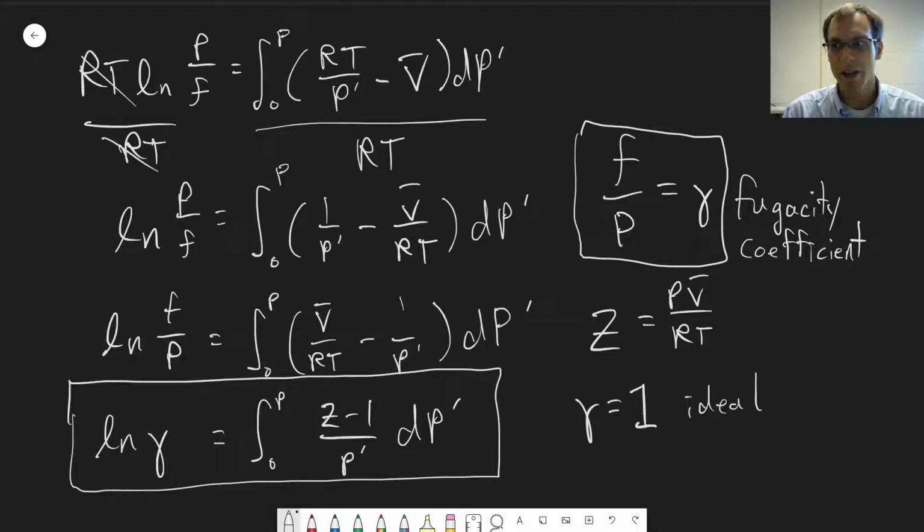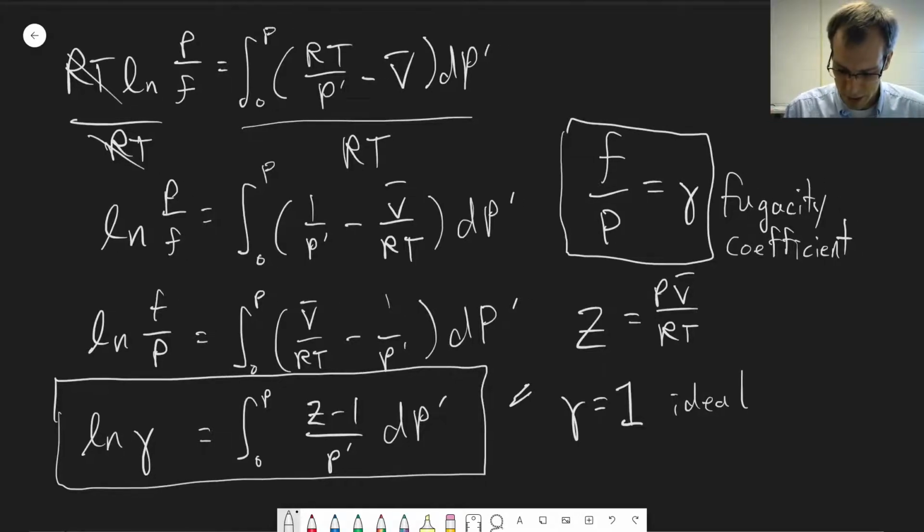This is similar to what we saw. The compressibility factor behaves similarly, right? And we can see in this expression, if the compressibility factor is equal to 1, in this integral, if Z equals 1, then this whole integral just goes to 0, and log of gamma being 0 means that gamma is equal to 1.